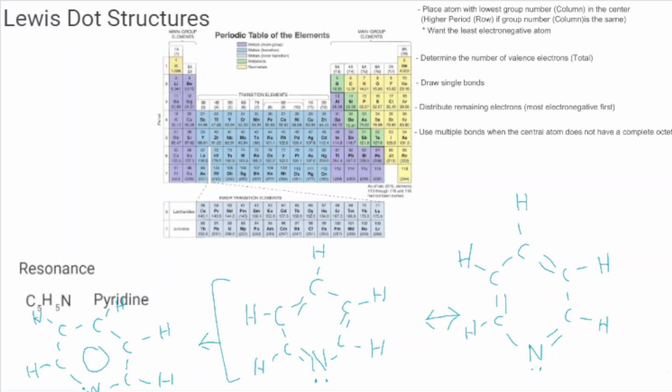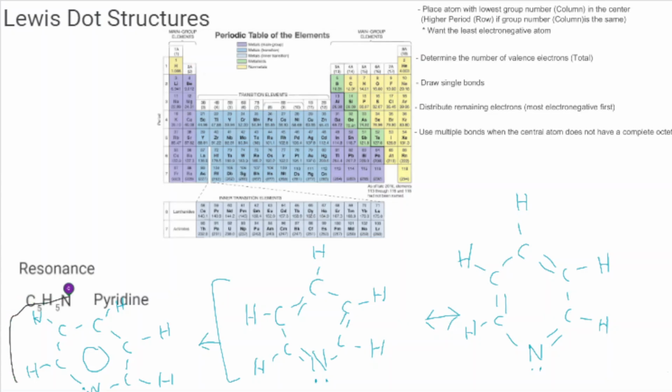So if you ever have a ring structure and you have this resonance structure going on where you have something like a 1.5 bond order, then you will normally draw in a circle, or if you want to use dashed lines, that's fine too. But this is how you would draw the resonance structure for pyridine.